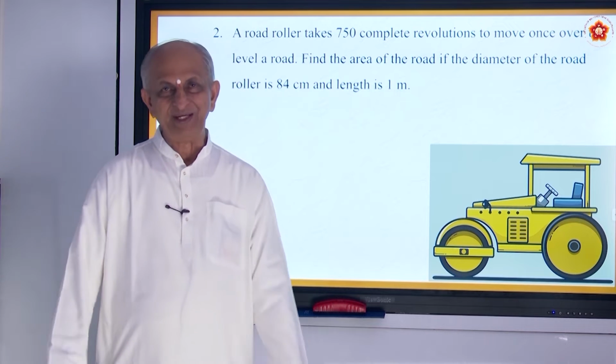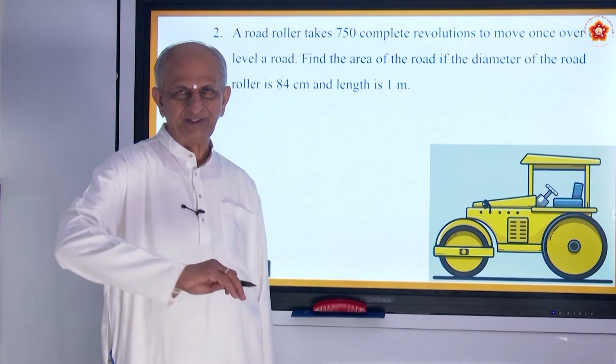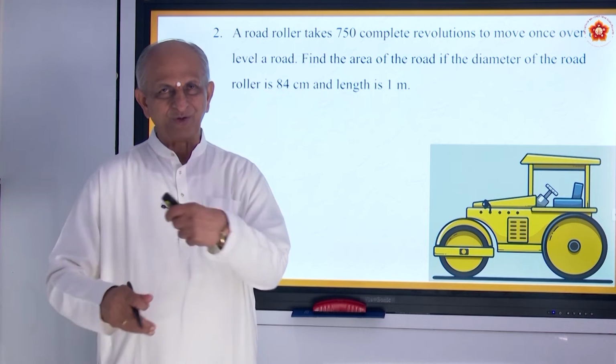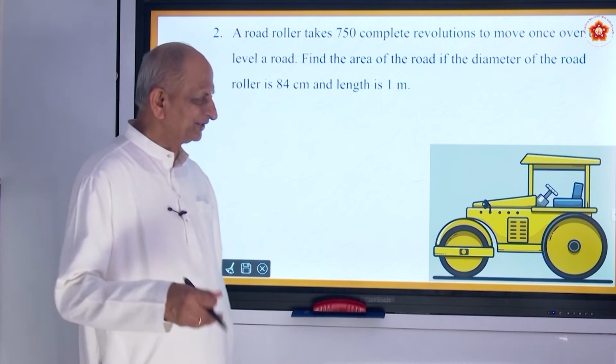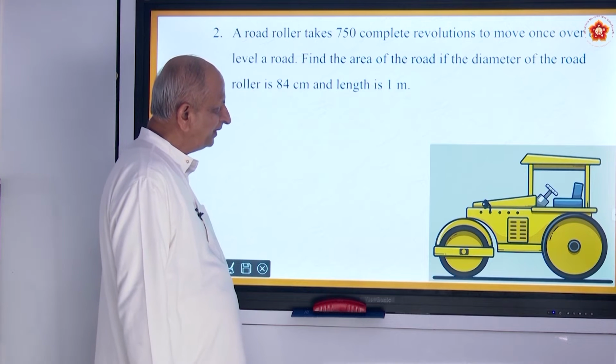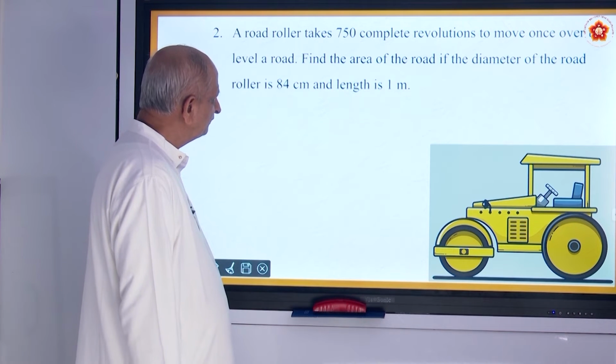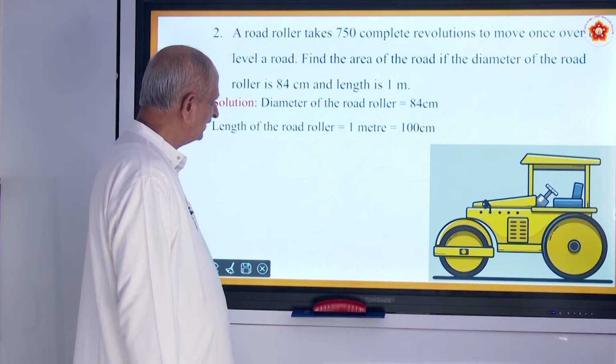You might have seen leveling of a road. Seen? For this, putting tar and all, there will be a road roller. So it makes revolutions. Find the area of the road if the diameter of the road roller is 84 centimeters and length is 1 meter.